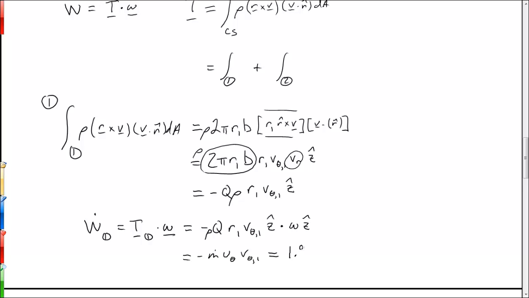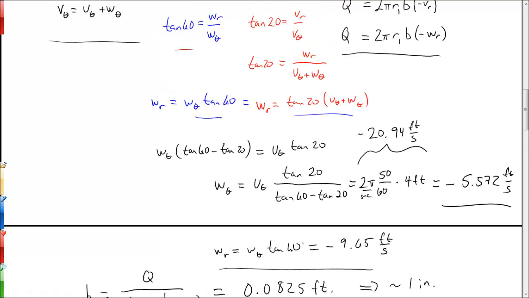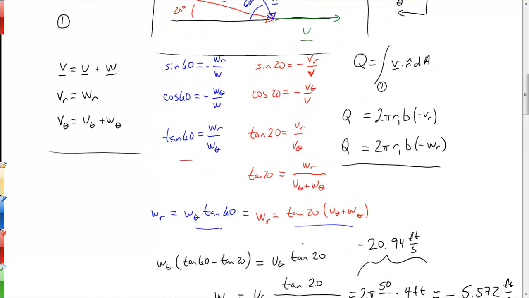We get 1.94 slugs per cubic foot times Q, oh sorry, we got a minus out here, don't forget the minus, times Q is 20 cubic feet per second, and then it's going to be times u theta, which, if you remember, is minus 20 something.